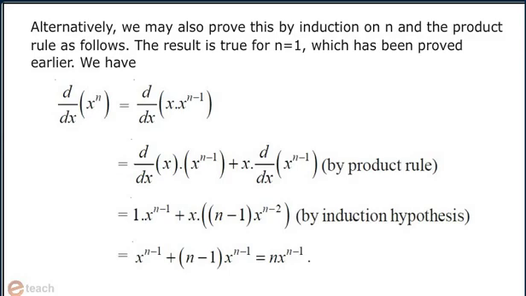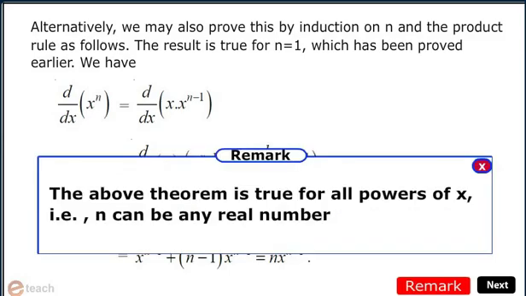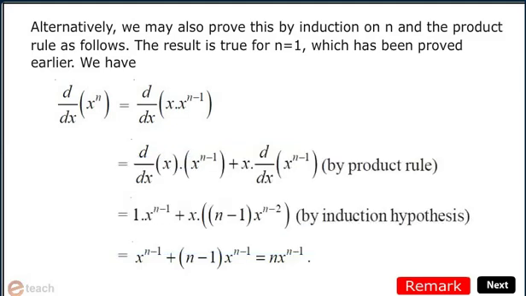Then, by using the product rule and applying induction hypothesis, we get the final result as n into x to the power n minus 1. Remark that the above theorem is true for all powers of x. That is, n can be any real number.